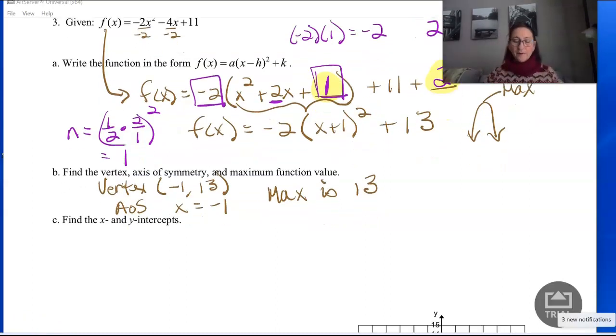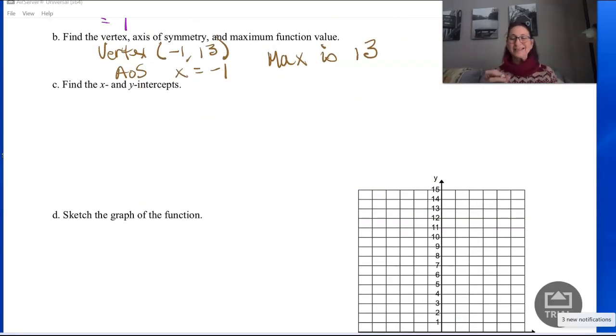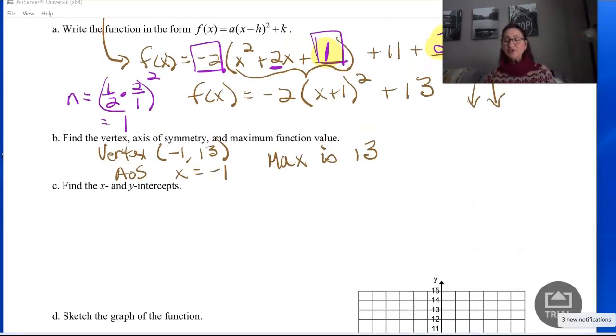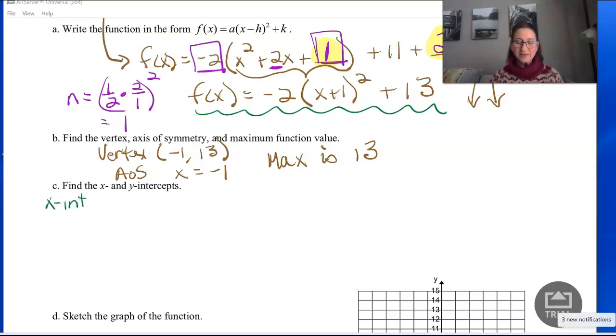Okay. All right. So now let's find our x and our y intercepts. So our x-intercept, I'm going to do it the same way I've been doing it. I'm going to take my function in vertex form and set it equal to 0. It doesn't really matter which side, so I'm going to go -2(x + 1) squared plus 13 equals 0.